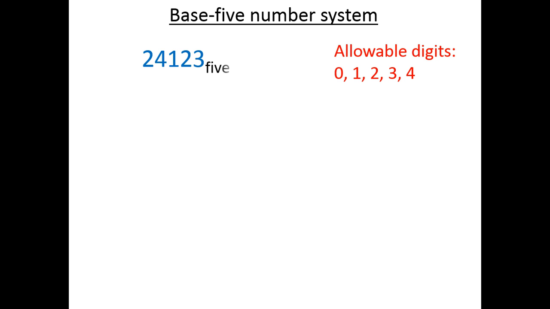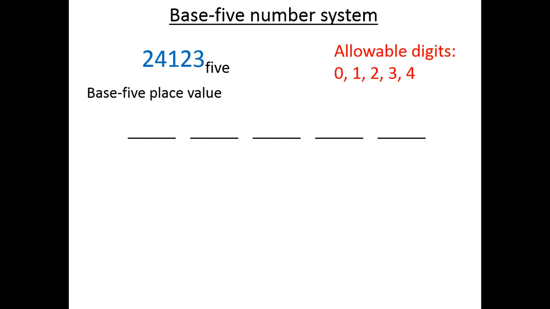If we have this number in base 5, we would say 2, 4, 1, 2, 3, base 5, and we want to know what this means to us in our base 10 number system. We would have to think about base 5 place value. Furthest to the right, we have ones. To the left of that, since we're grouping by 5s, we have groups of 5.